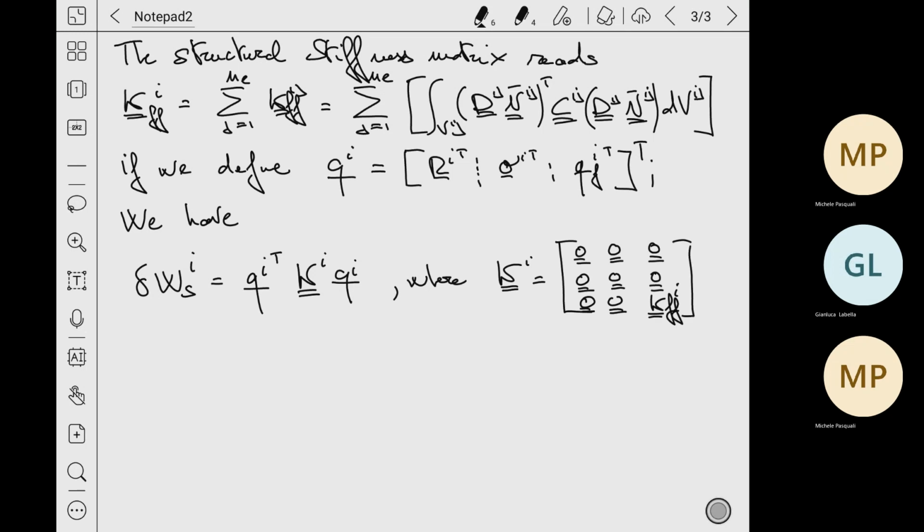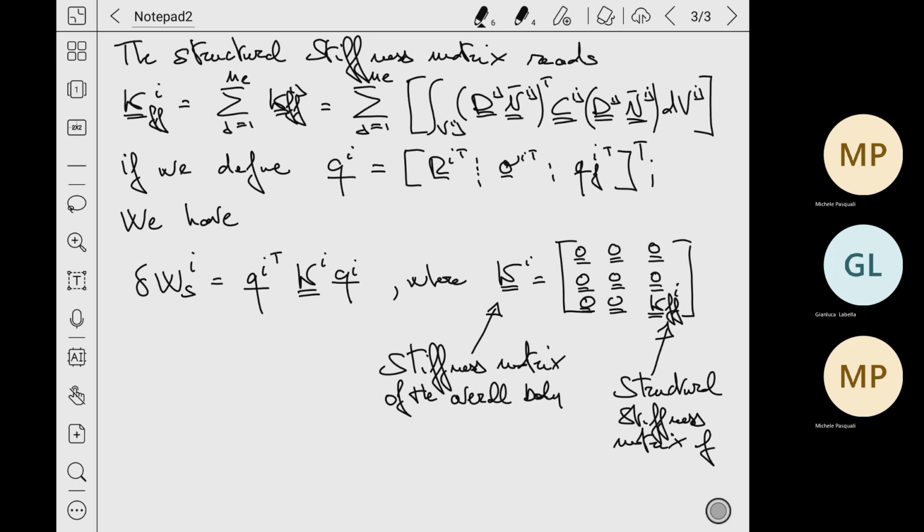Okay, so this is the stiffness matrix, while this is the structural stiffness matrix of the overall body.